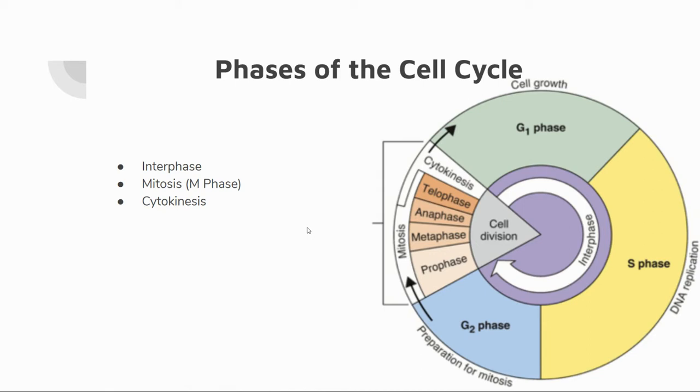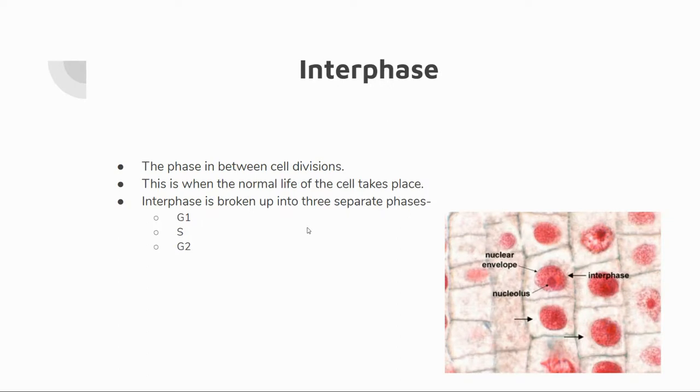Okay, most cells spend a majority of their time in interphase. Now, during interphase, it may be prepping for M phase, which we'll talk about, but a large chunk of the cell's life cycle is spent in interphase. So, talking about interphase, this is the phase between cell divisions.